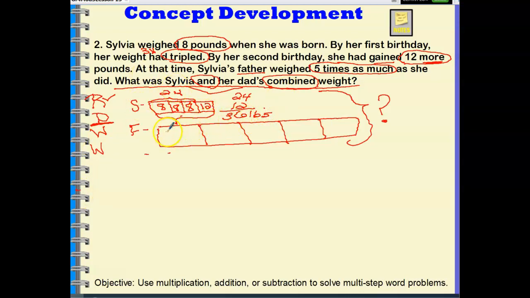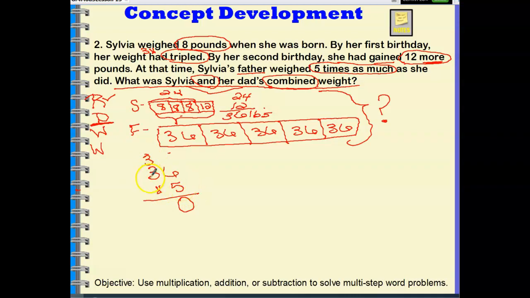So that means that each of these 5 sections in Dad's tape diagram are going to be 36 pounds because he weighed 5 times as much. So now I'm going to multiply my 36 times 5. I know that 5 times 6 is 30, so I'm going to leave my 0 in the ones place, and I'm going to take my 3 tens over to the tens place.